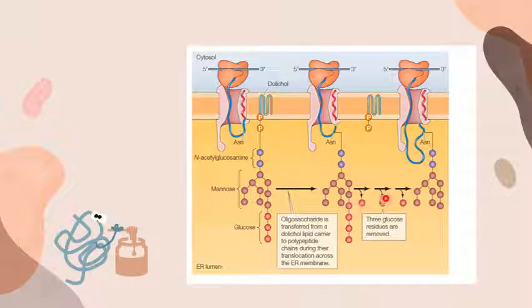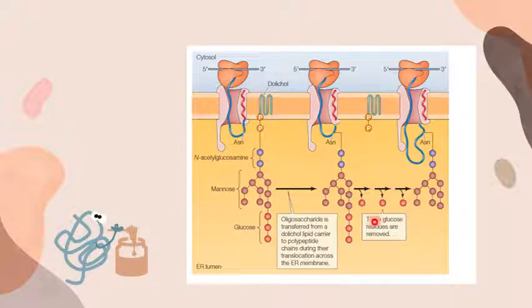Three of the glucose residues are removed while the protein is still within the ER. So you see here, this is the oligosaccharide. It will be attached to the ASN residue here, and it will form like a dolichol-lipid carrier to polypeptide chains during their translocation across the ER.